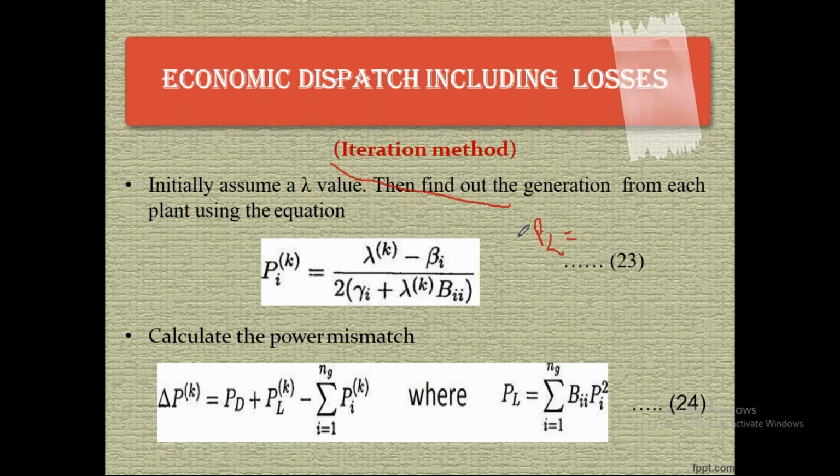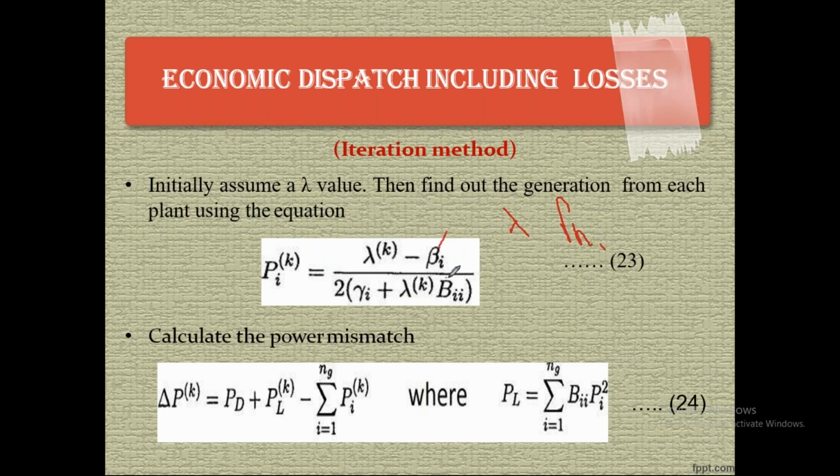If they are giving PL, the power loss equation, in the question itself, then it belongs to the third method. Now we'll see step by step what we have to find. First, we have to assume the lambda value. With the assumed lambda value, we have to find PG1, PG2, PG3.